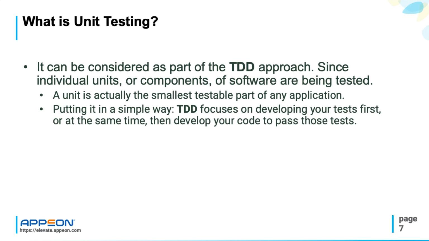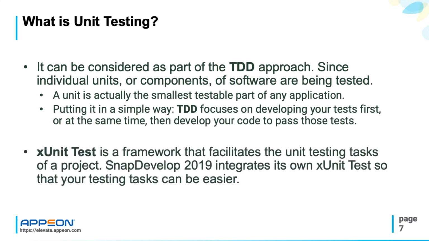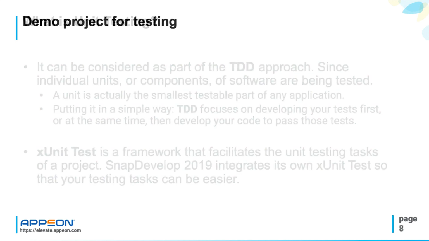Then develop your code to pass those tests. xUnit test is a framework that facilitates the unit testing tasks of a project. PowerBuilder 2019 C IDE integrates its own xUnit test so that your testing tasks can be easier.